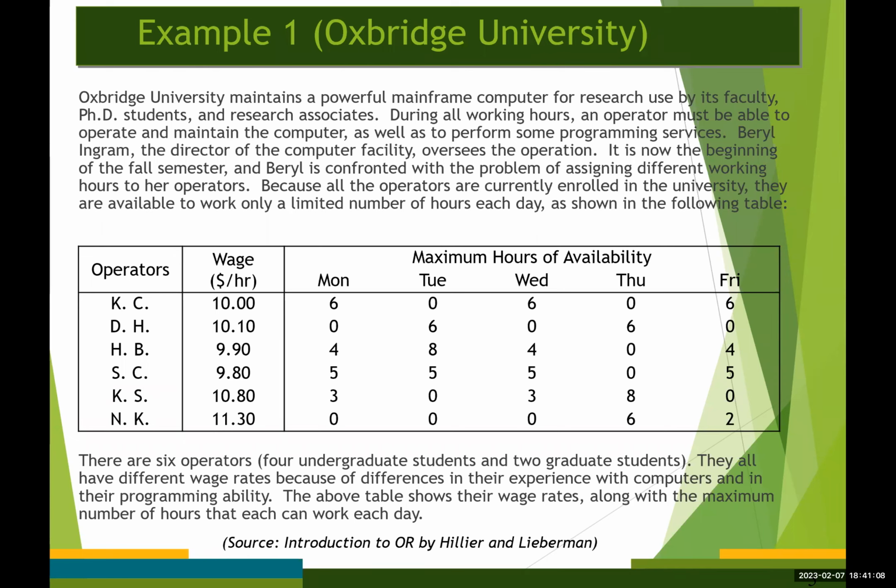There are 6 operators: 4 undergraduate students and 2 graduate students. They all have different wage rates because of differences in their experience with computers and in their programming ability.